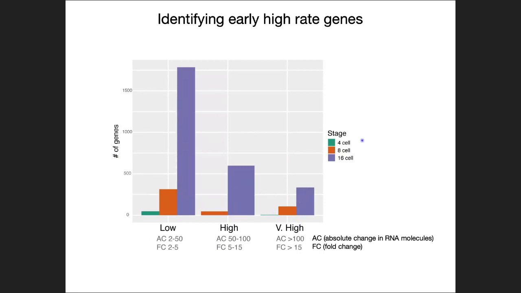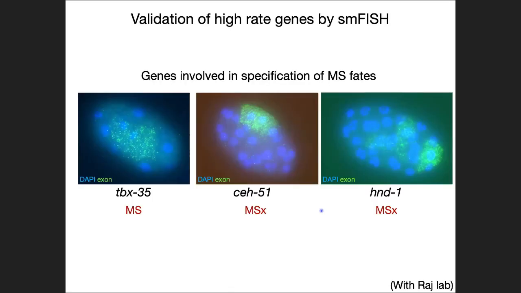You can see that at 4 cell stage, there are very few of these, but by the time you get to 8 or 16 cell stage, you actually have hundreds of genes that are expressed at this level, where they're increasing by more than 100 transcripts in these very short cell cycles.